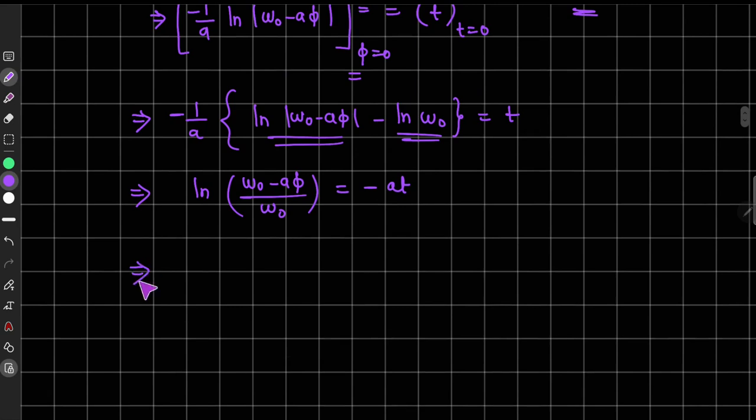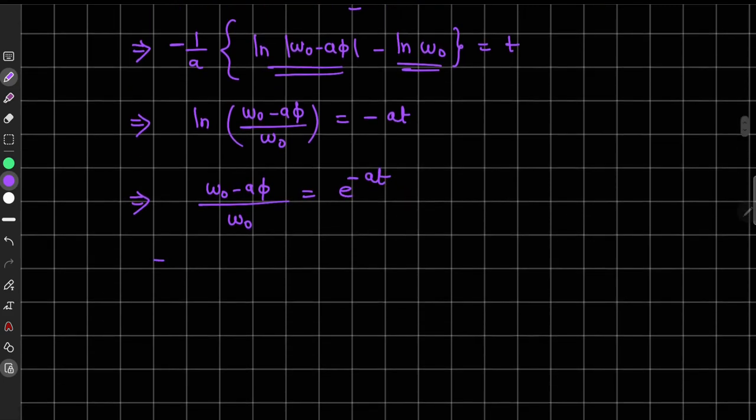If we take the anti-log of the above expression, we get omega naught minus a phi divided by omega naught is equal to e to the power minus at. Dividing the numerator by omega naught, we get 1 minus a by omega naught into phi is equal to e to the power minus at.